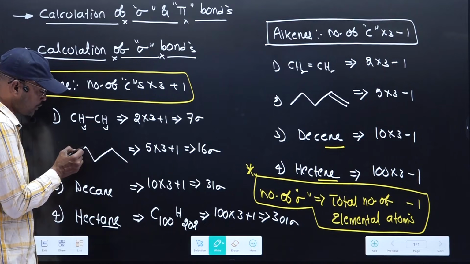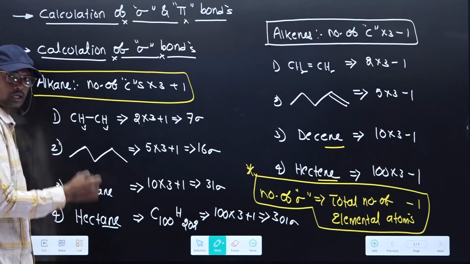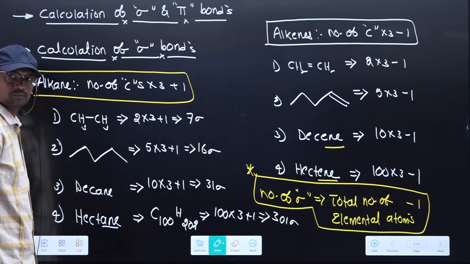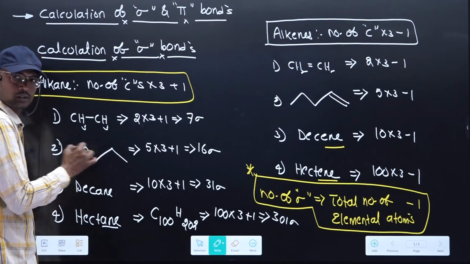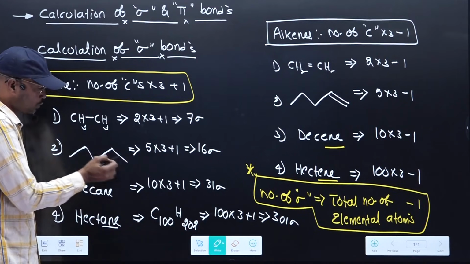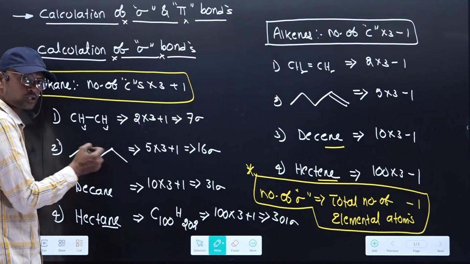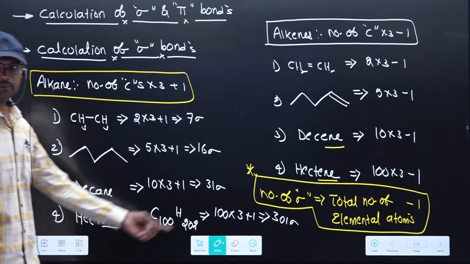Whenever you are counting hydrogens for an alkane, first you target the terminals. Terminals only. 3 into 2, 6, 8, 10, 12. 12 plus 5 carbons, 17. 17 minus 1.